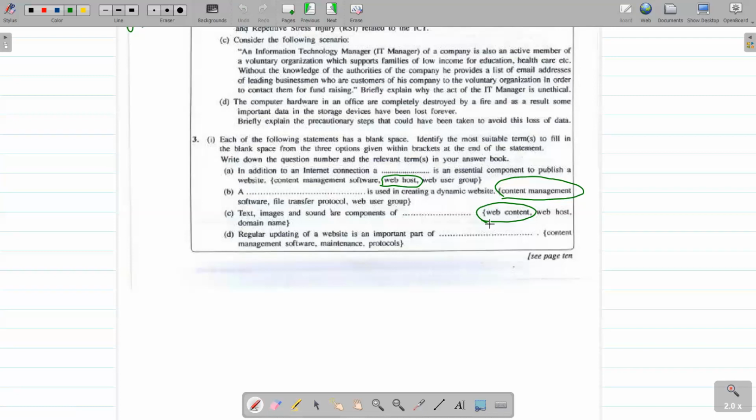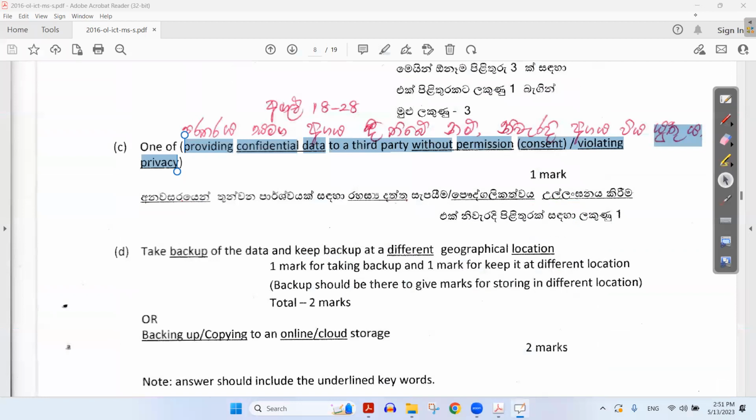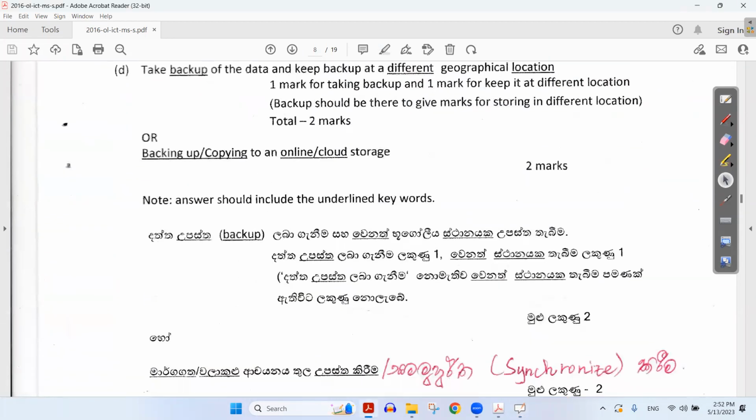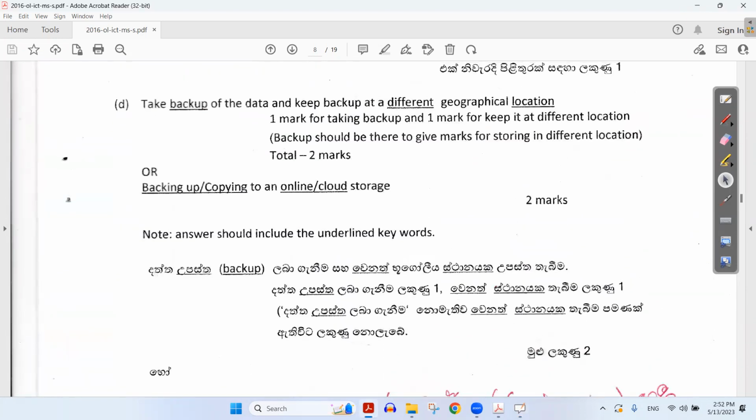Right, part D says regular updating of a website is an important part of the maintenance. So it's an important part of maintenance. Okay, let's cross check with the marking scheme.